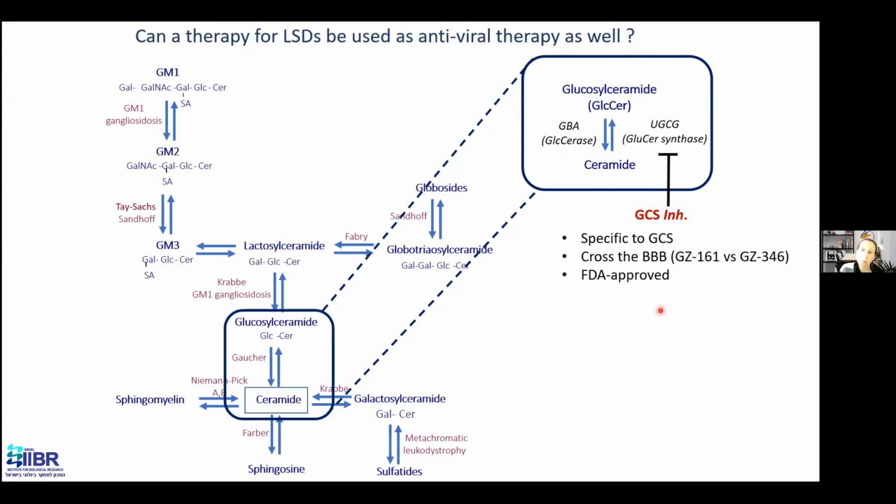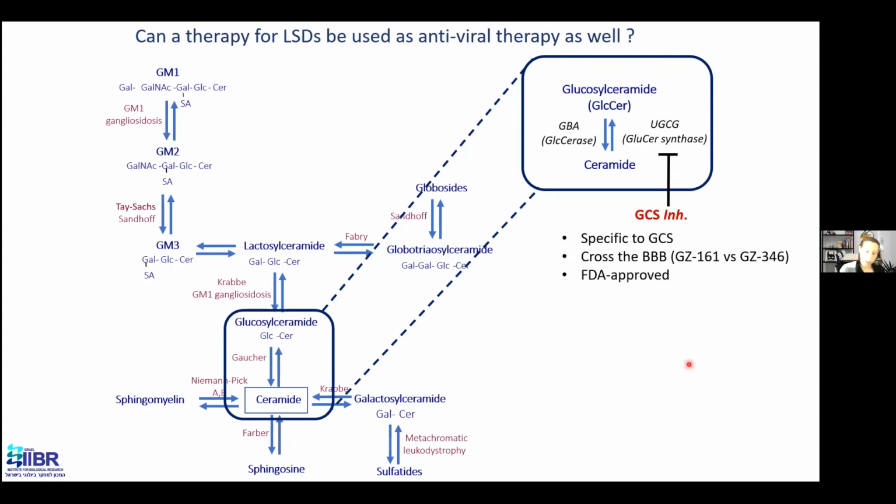Because our interest was in encephalitis and viral infection of the CNS, we wanted an inhibitor which crossed the BBB. GZ161 crosses the BBB, and they also gave us GZ346, which does not cross the BBB. As much as they can tell, they are specific to glucosylceramide synthase, because other inhibitors like NB-DNJ also regulate other enzymes. It's not that specific, so this was important for us.